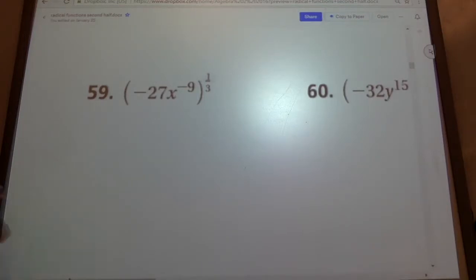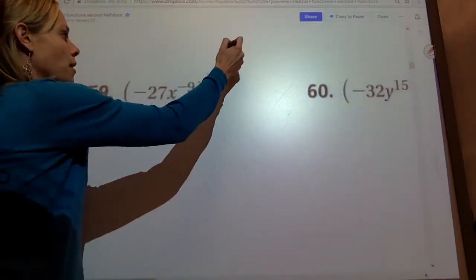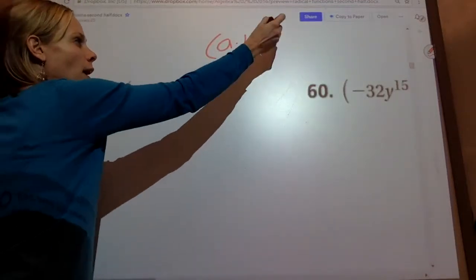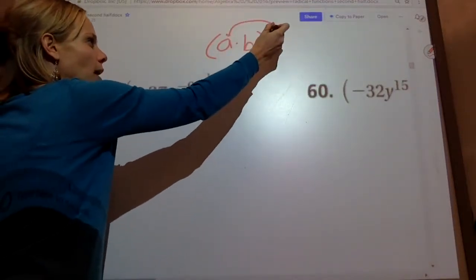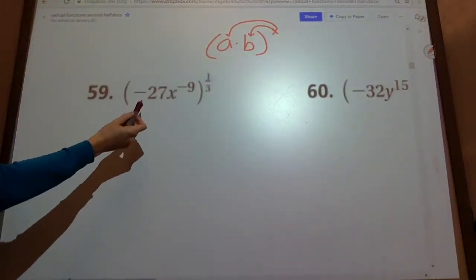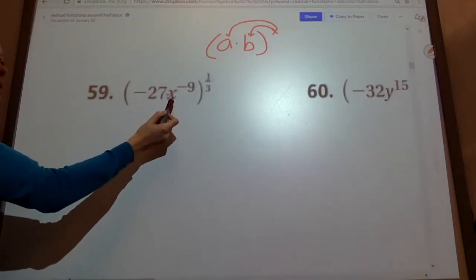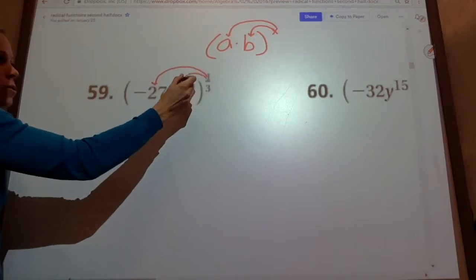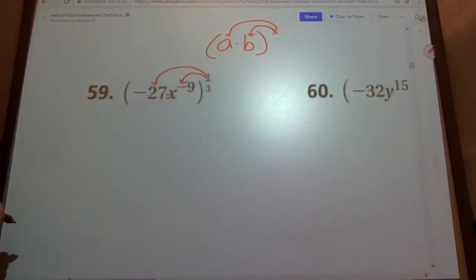This property, if you have multiplying a times b to an x power, that x power is going to both the a and the b. Okay, that's one of the exponent properties. So if I have -27 times x to the -9, this 1/3 is going to go to both parts of that product.